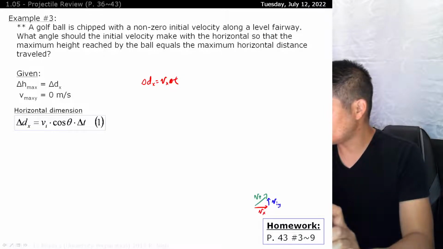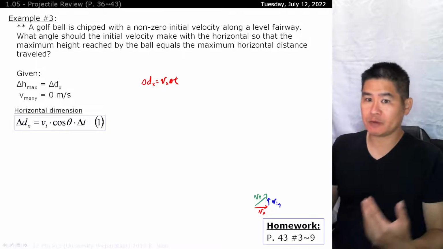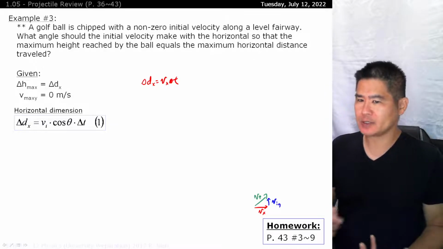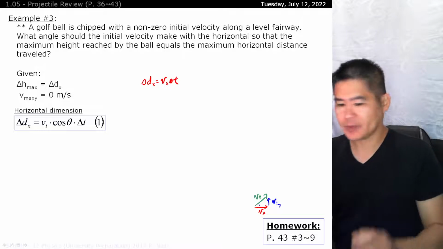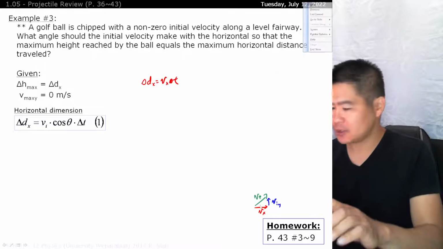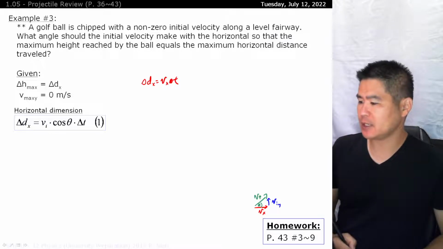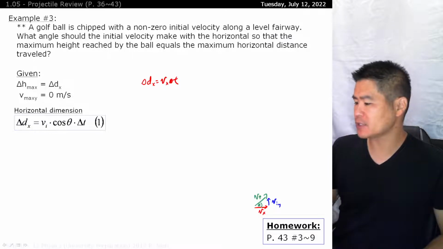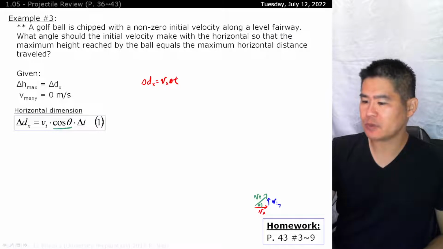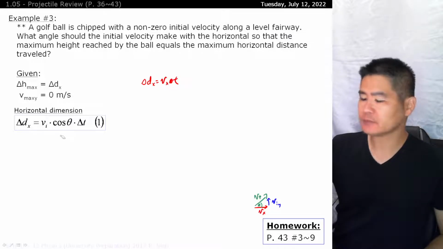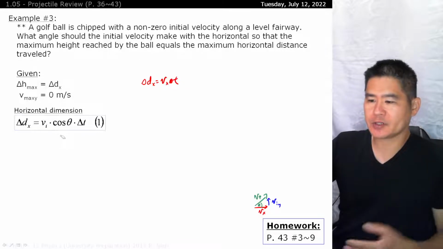That's why I call it VIY, because you have your VIY and you have your VFY. Meanwhile, Vx remains the same throughout the entire journey. And by drawing out the projectile at this configuration, there's our theta. When we need to solve for our x component, we're going to use cosine. That's why I have cosine over here. And when we're trying to solve for our vertical component, we'll use sine. So that's our standard formula for the horizontal component. There's nothing else we can do with it.